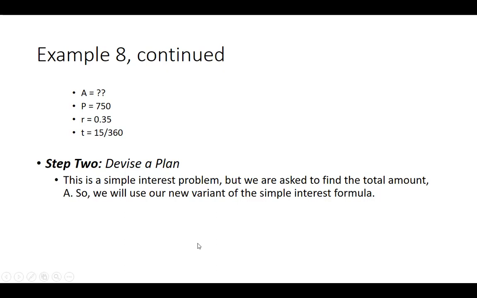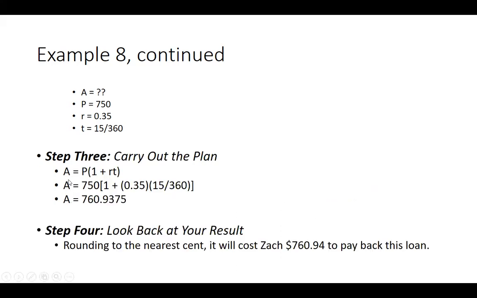This is a simple interest problem, but since we're asked to find the total amount, A, we'll use our new variant of the simple interest formula. A equals P times 1 plus RT. Plugging in what we know, P is 750, R is 0.35, T is 15 over 360.